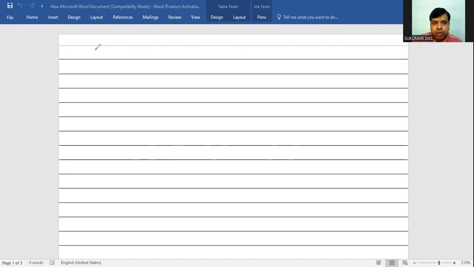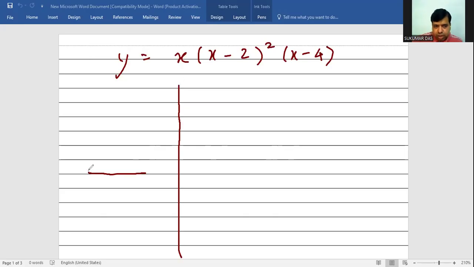Let's say y is equal to x minus 2 square x minus 4. So try to draw this rough figure, how this graph will look like.